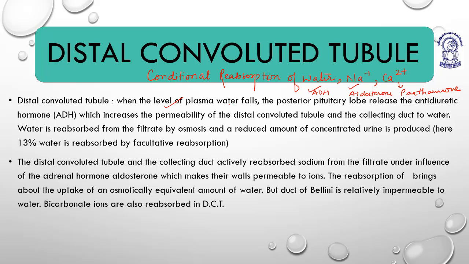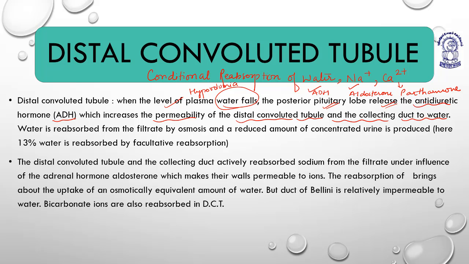When the level of plasma water falls, meaning a condition of hypovolemia, the posterior pituitary, the neurohypophysis, releases the antidiuretic hormone, that is ADH, which increases the permeability of distal convoluted tubule and the collecting duct to water.